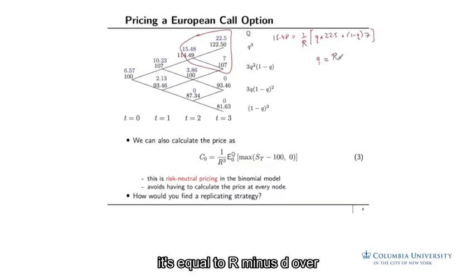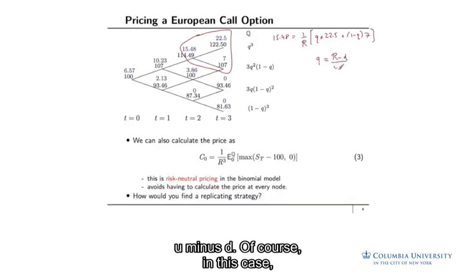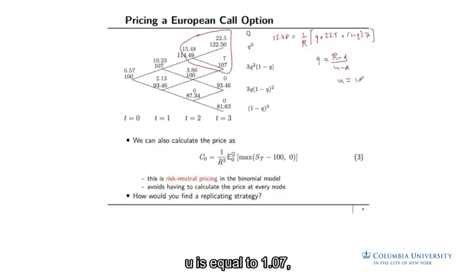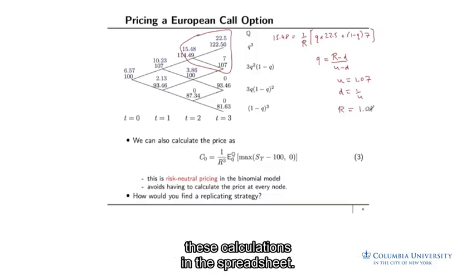It's equal to R minus D over U minus D. And of course in this case, U is equal to 1.07, D is 1 over U, and R was equal to 1.01. So you can actually check these calculations in the spreadsheet. If you like, you can have the spreadsheet open while you're going through this module, and you'll see the formulas in each of the cells showing these calculations.